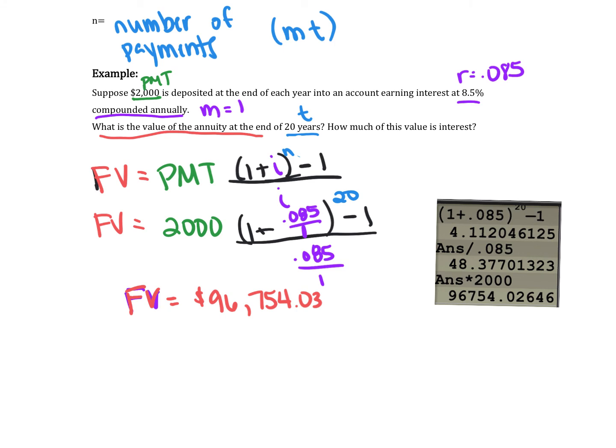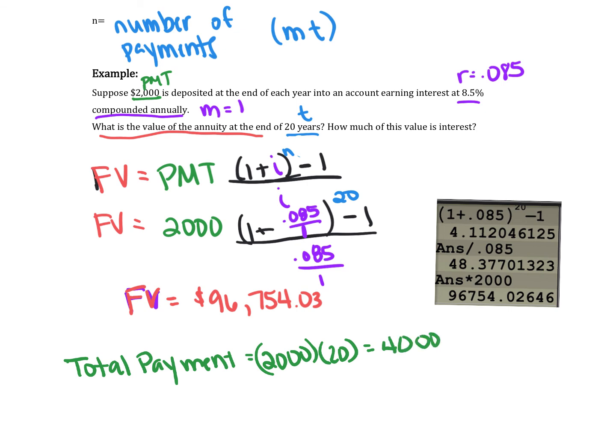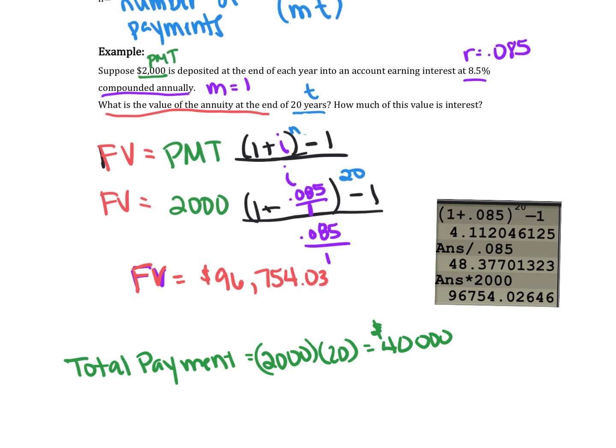Now, the second part of the question asks, how much of this value is interest? To find the interest, I need to realize that I've been putting in $2,000 for 20 years. So the total amount that I've put in, the total payment, is just $2,000 times 20, or $40,000. So alone I put in $40,000 over those 20 years.